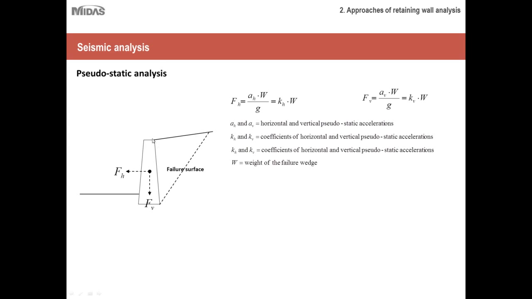So what we do is we first take the actual shape of the gravity wall, then we connect the dots at a given angle depending upon the internal angle of friction, and then we say that okay, this is the wedge that will fail. So what is the mass of this wedge, and that would cause instability in the lateral direction and in the vertical direction.